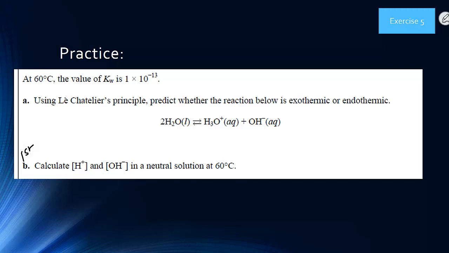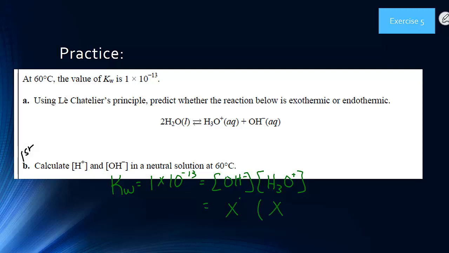Alright, so Kw at 60 degrees, they say, is 1 times 10 to the negative 13th. Now that has to equal the concentration of the hydroxide and the hydronium ion. Since we know this value, these would both change by an equal amount, right?